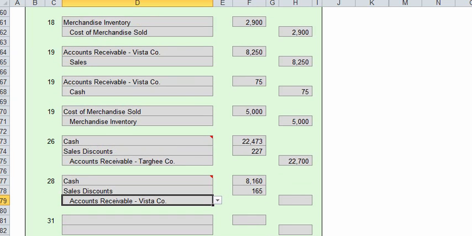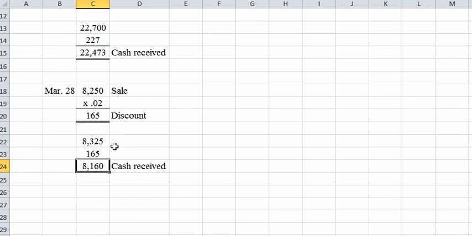It's not for the $82.50 and it's not for the $75. It's for both, because both debts have now been wiped out. So we'll credit accounts receivable Vista Company for the total of those two, $82.50 plus the $75, or $157.50, which is the amount we subtracted the discount from over here.